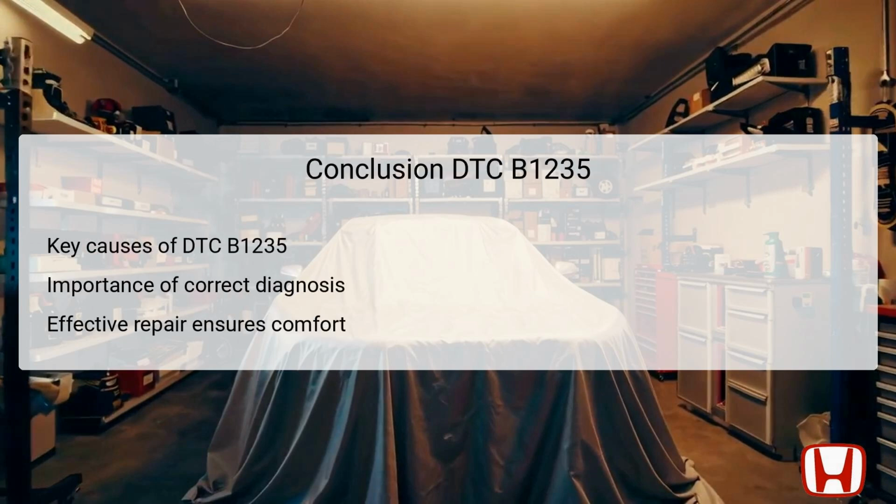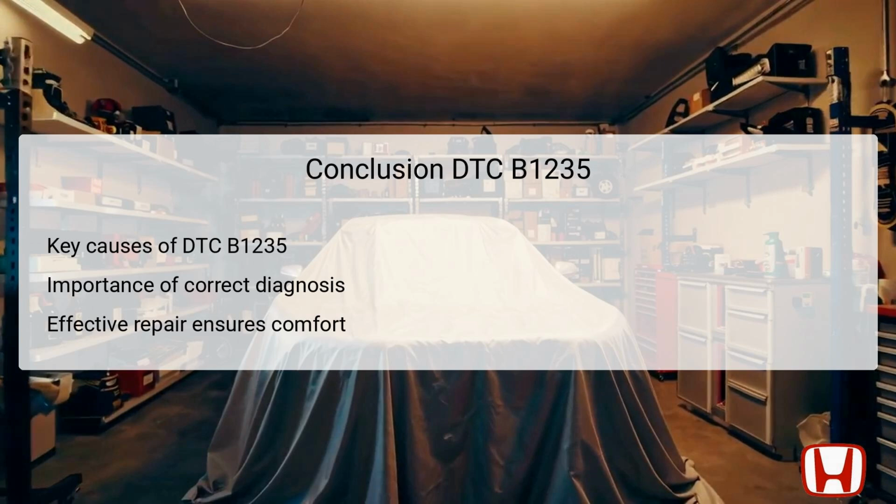To wrap up, understanding DTC B1235 is essential for diagnosing climate control issues in the Honda Civic models from 2011 to 2015. Key causes often stem from wiring issues, poor connections, or component failures, and recognizing these helps in accurate diagnostics.